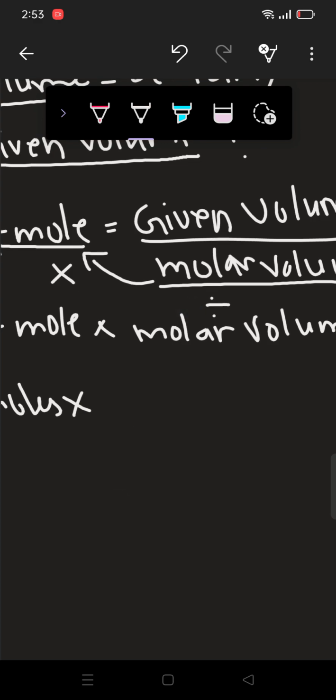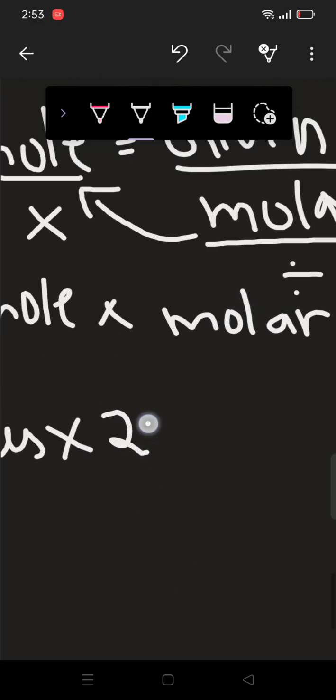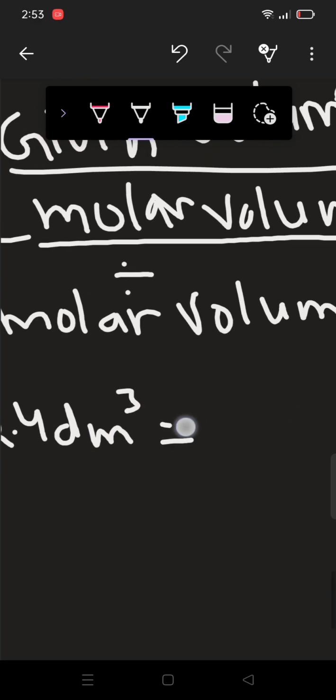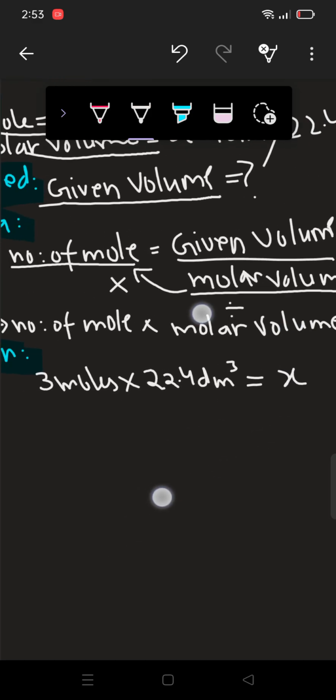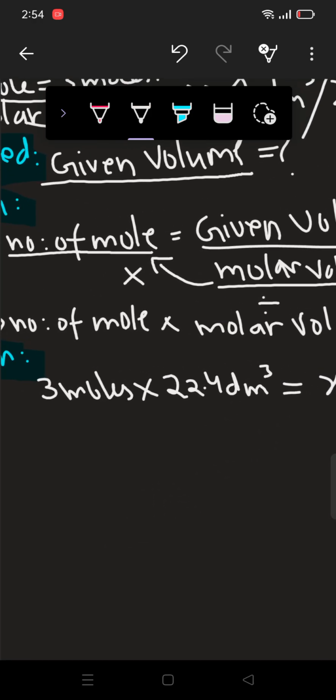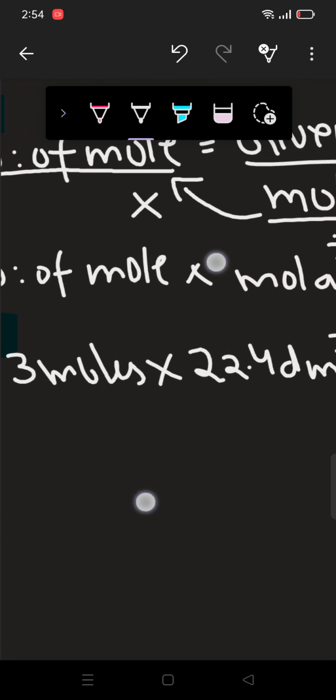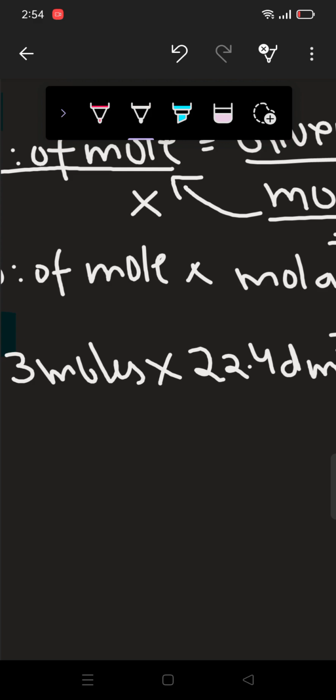Molar volume of any gas at STP is 22.4 dm cube. Is equal to, let the given volume be x since we are finding it. So 3 into 22.4 is basically 67.2.